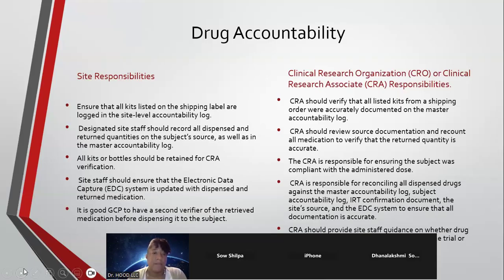It helps minimize medication errors, because if you've got a person that's really busy or they're randomizing several people in one day, it is human error for them to pull the wrong medication or confuse the two. And if you don't have a second person to verify, what they should do is verify again.